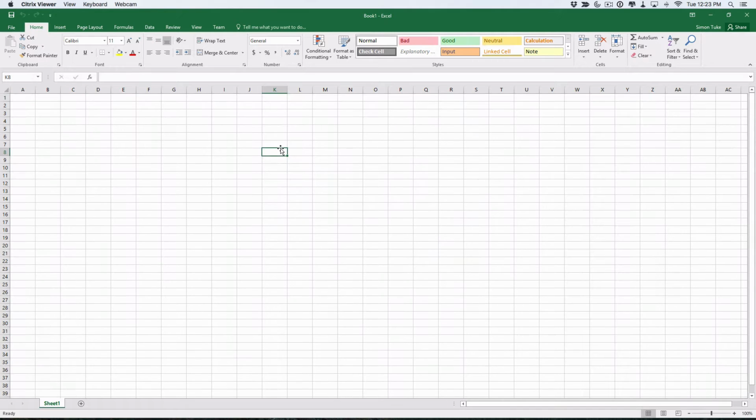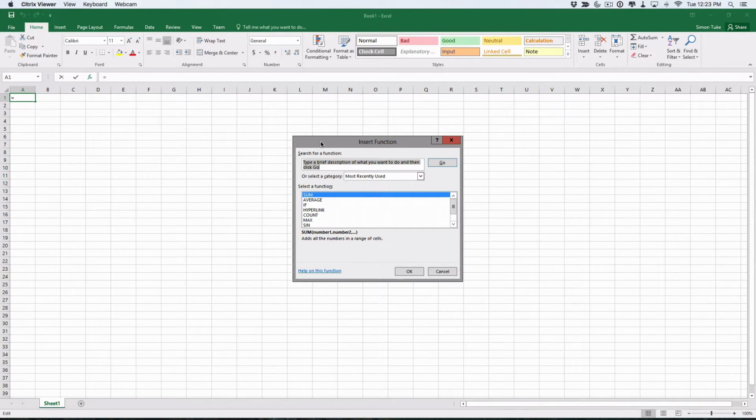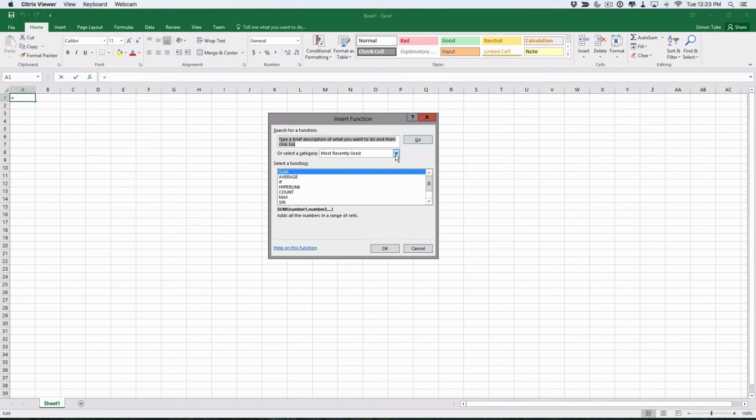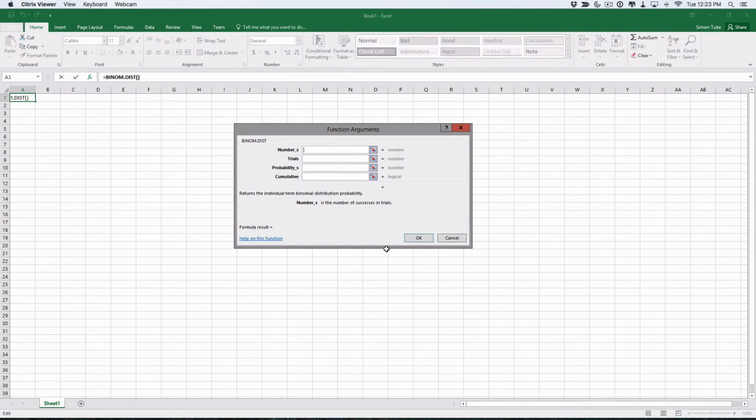Okay, so here's Excel. We can choose any cell. I'll choose A1, and if you click on Insert Function, you'll get this dialog box. The first thing you should do is choose Statistical. Then if you move down, there should be one called binom_dist. Once you've selected that, you click OK.